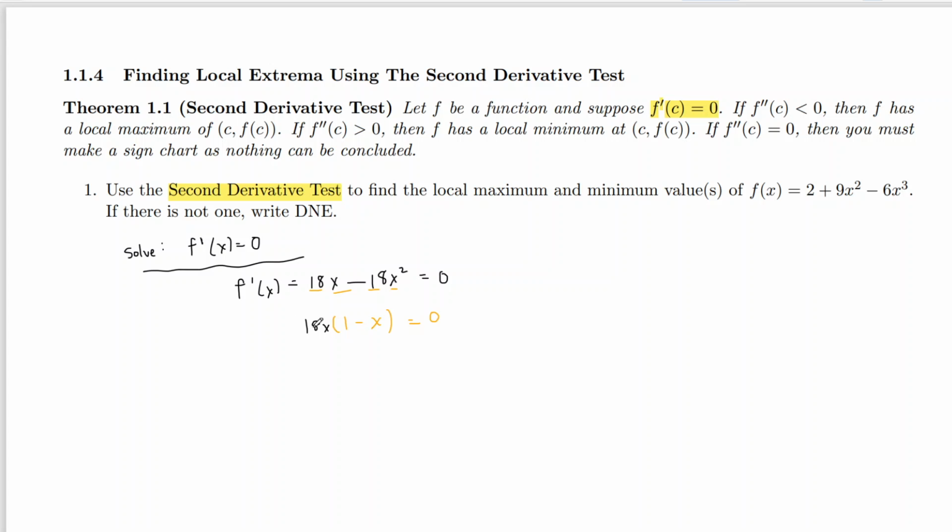We do have to worry about the front part here because there's an x, so we got 18x equals 0, and 1 minus x equals 0. The one on the left here, if you divide by 18, you just get x equals 0. 0 divided by anything is 0, except for 0, but that's not happening here. And then for the one on the right, if we add the x to each side, we get x equals 1.